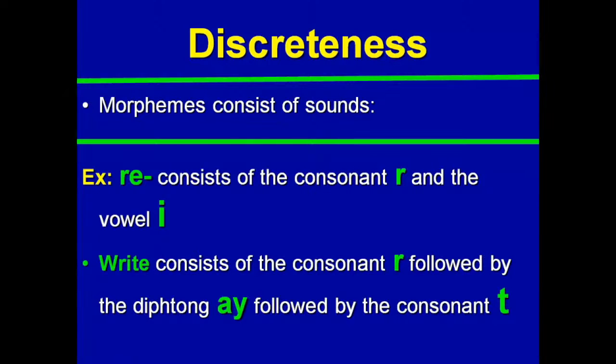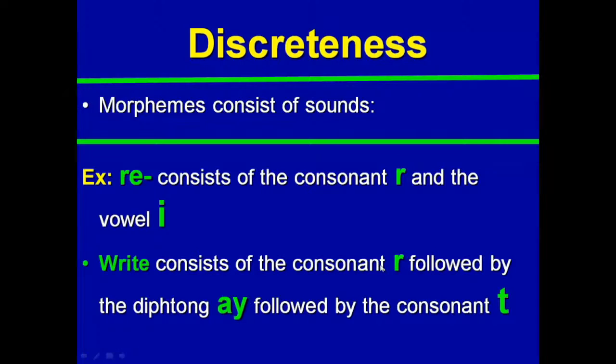For example, re consists of the consonant R and the vowel A. Right consists of the consonant R followed by the diphthong I followed by the consonant T. What we notice here is that the morphemes can also be divided further into separate sounds.